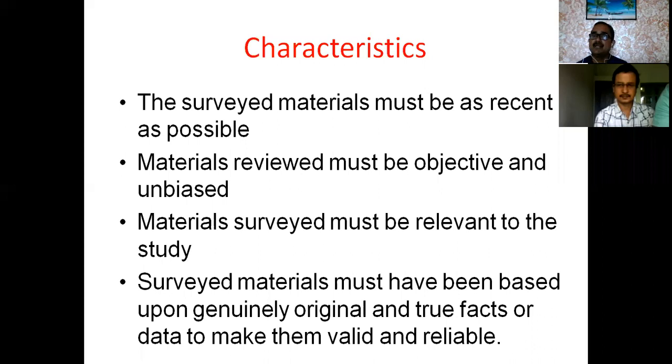Then for each and every part of your topic, you will have to go through the literatures which are related to that part. So there may be 2-3 parts of one topic. You'll have to go through related research of those particular parts of your topic. So material surveyed must be relevant to the study.